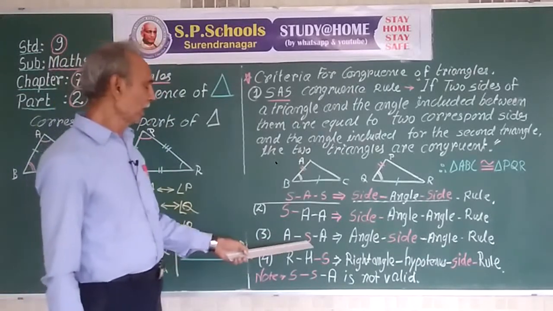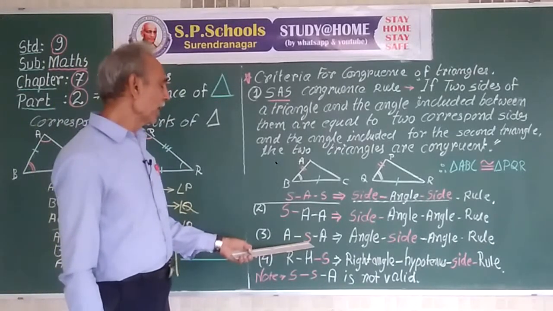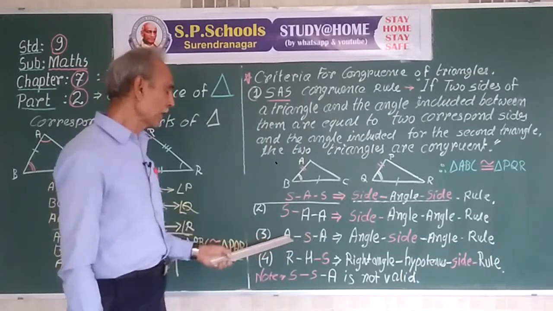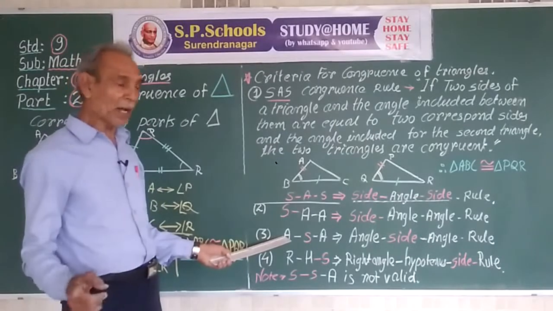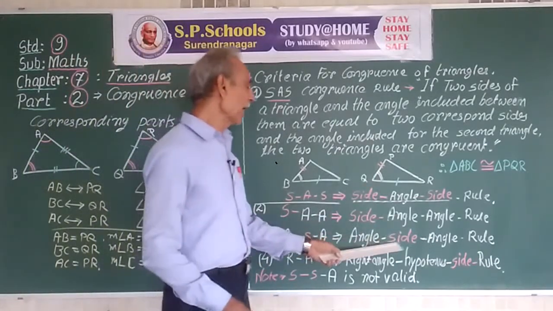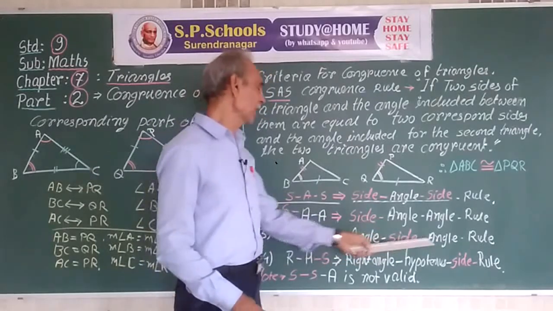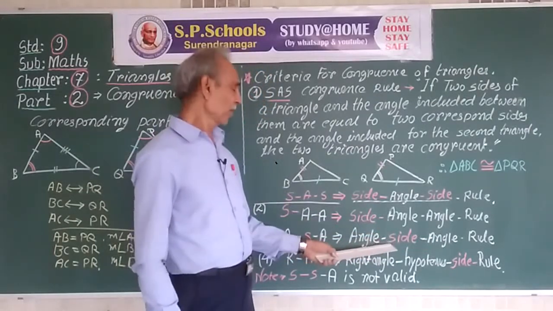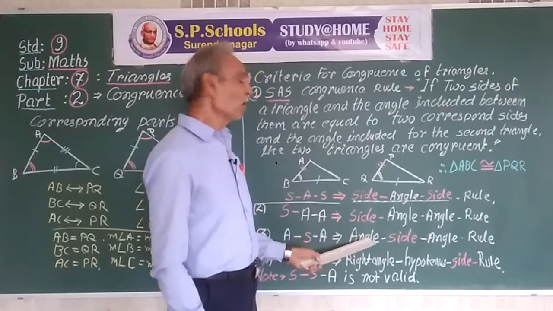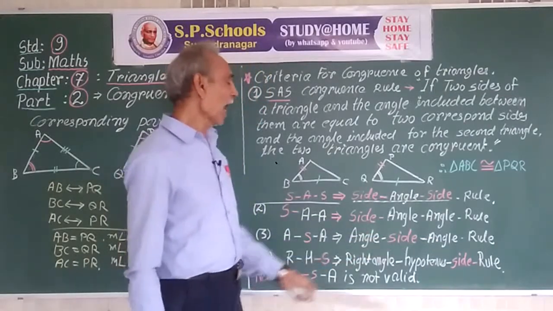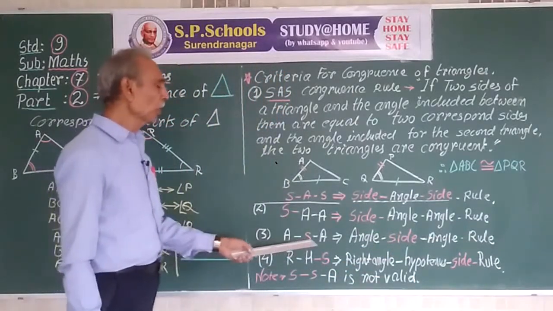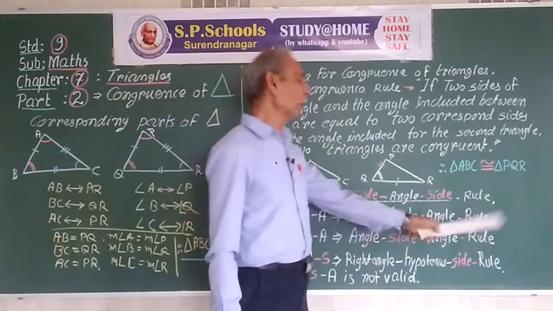Similarly, a side and the angles at the end points of the side of one triangle are equal to the side and the angles at the end points of the side of the second triangle, then we say that these two triangles are congruent.